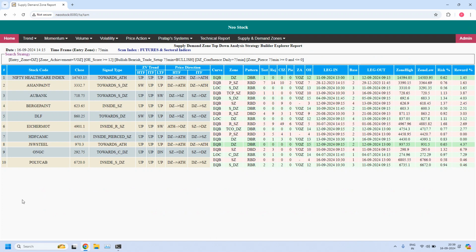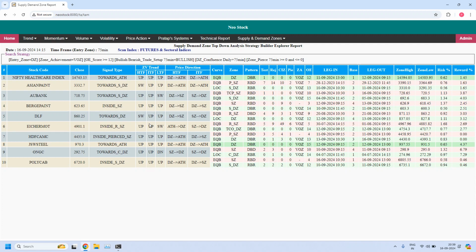So out of 19, these 10 stocks are currently supporting bullish trade setup for weekly income trade, that is entry time frame 75 minutes, and also the 75 minute zones are part of the daily zones, zone confluence. Because it is bullish trade setup, always the daily trend, ITF here is daily, trend is uptrend.